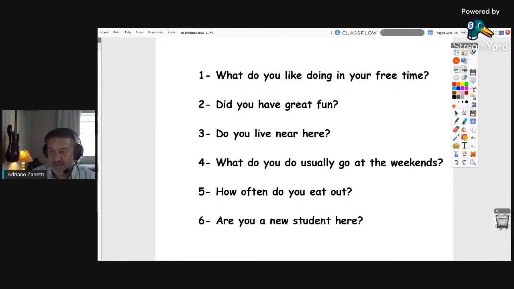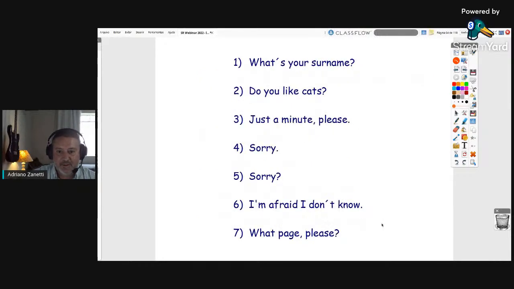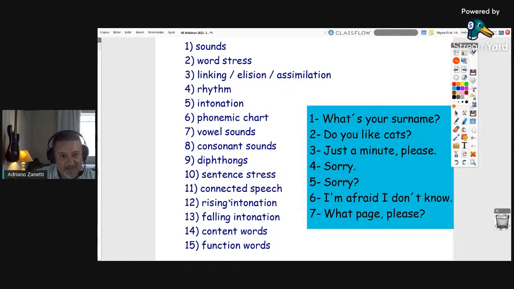Now, with interest, right? Now, simple daily phrases, classroom language. Look at how many features of English we can work on with only seven simple phrases. If you take "sorry" and "sorry", you can work on rhythm and intonation.